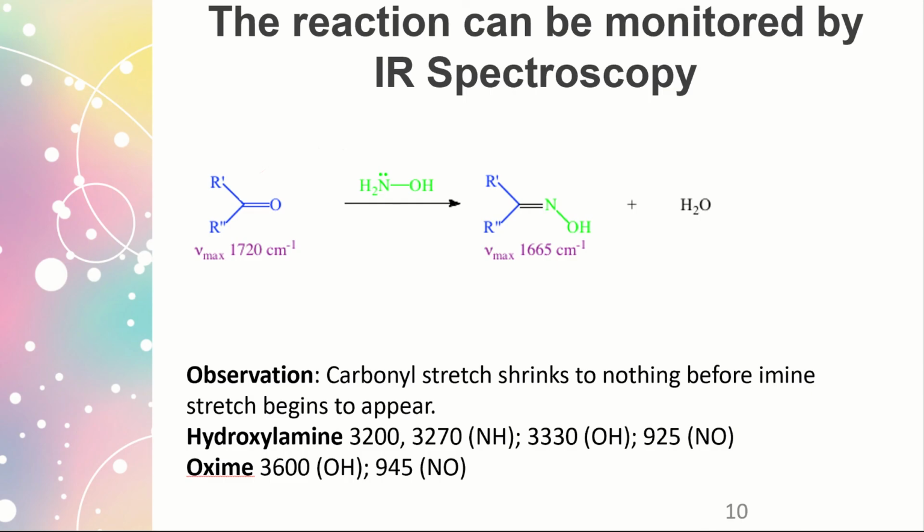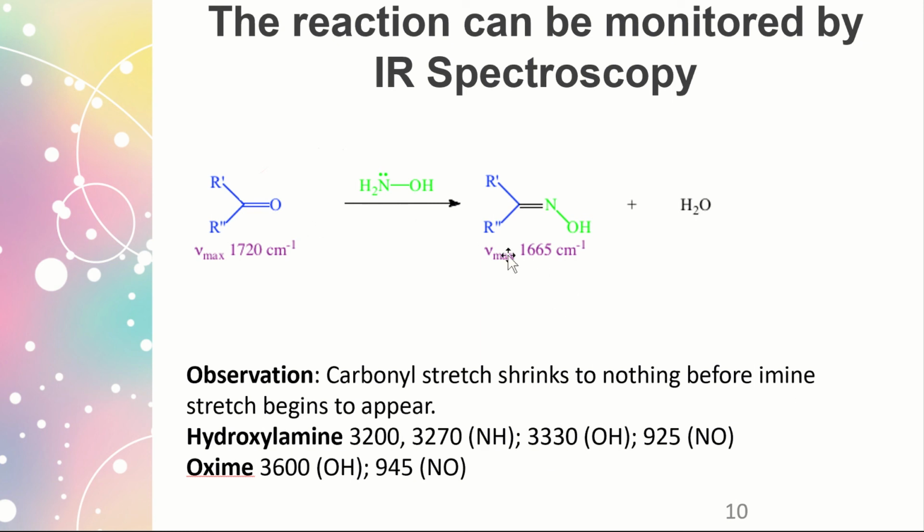All right, so spectroscopy is very important in the process, right? So if we monitor this reaction using IR spectroscopy, and if we recall, our carbonyl group here will have a wave number of about in the 1700 region, and for our imine that will be in the 1665 region, right?